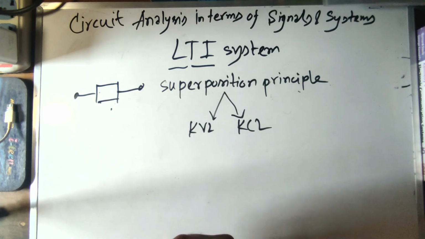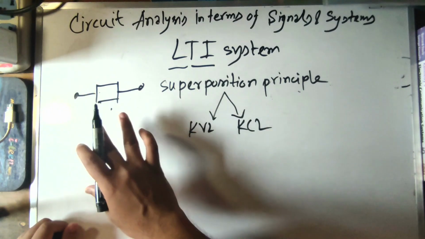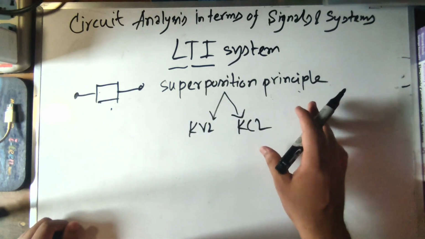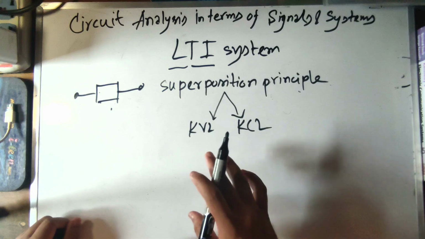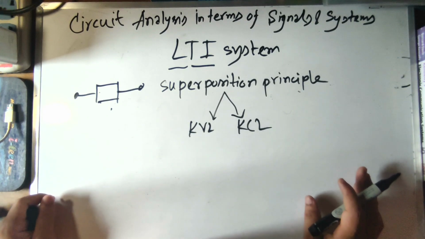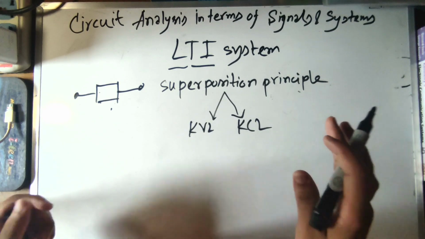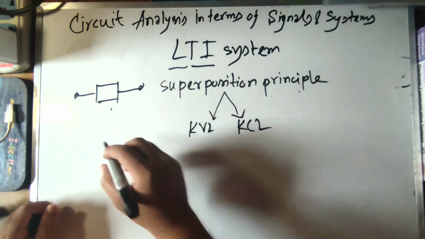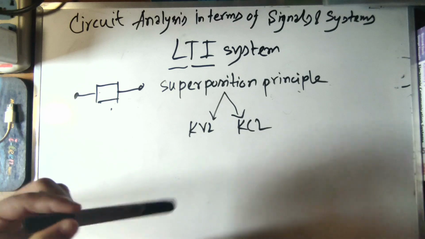So let's say this is an element. How are we going to apply KVL and KCL, which are the direct result of superposition? Let's write this.